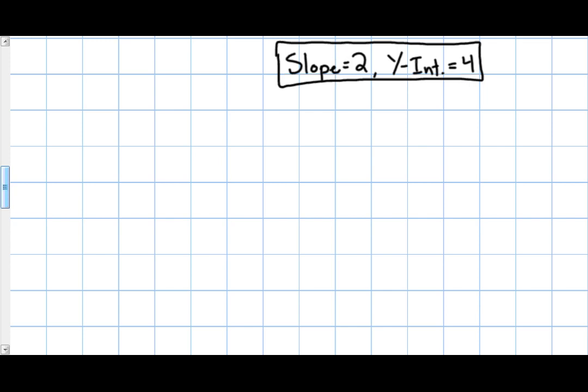Okay, now a little bit more typical, I guess. Sometimes you are just given 2 points, and from those 2 points, we have to figure out the equation. So, let's see.